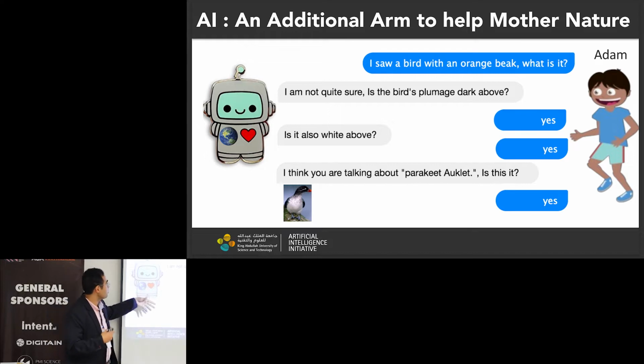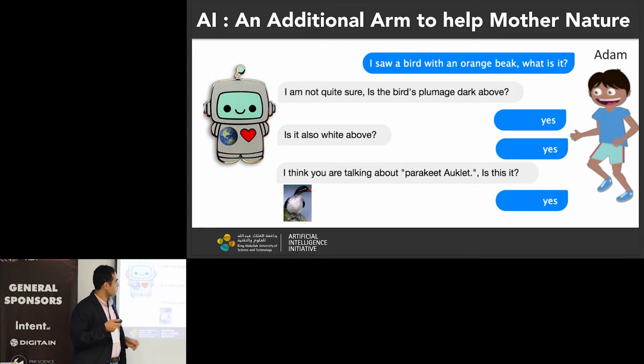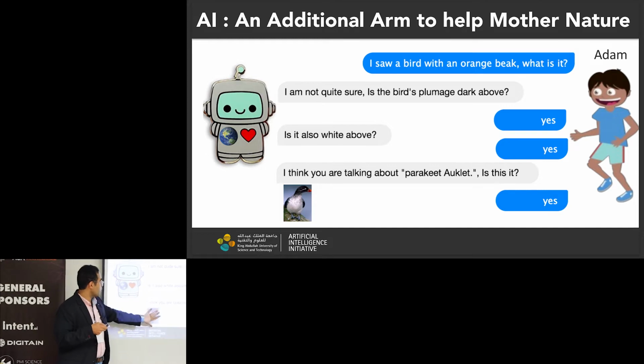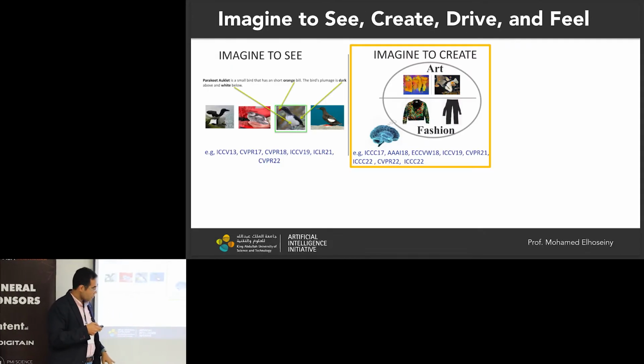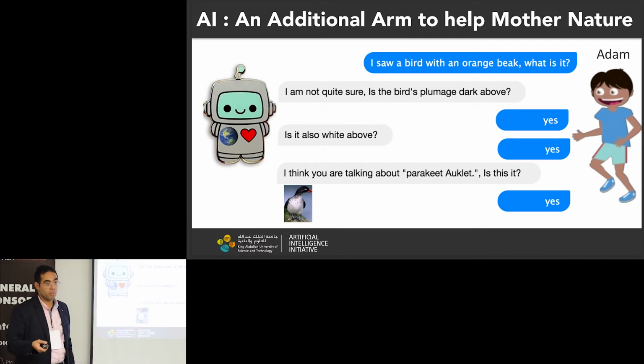Maybe imagine that this bot will ask us more and more questions till it knows what bird we really mean and gives us an answer that we're happy with. And at this point, the kid will know what bird this is and might look for more information about it on Wikipedia and understand more about it.